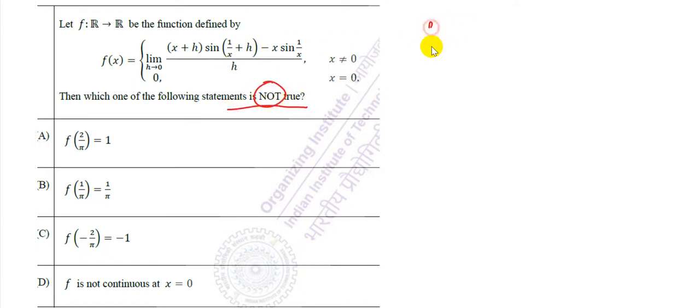So as you can see that f(x) is nothing but, by definition, this is the derivative of x sine of 1 by x when x is not equal to 0, and this is 0 when x is equal to 0.